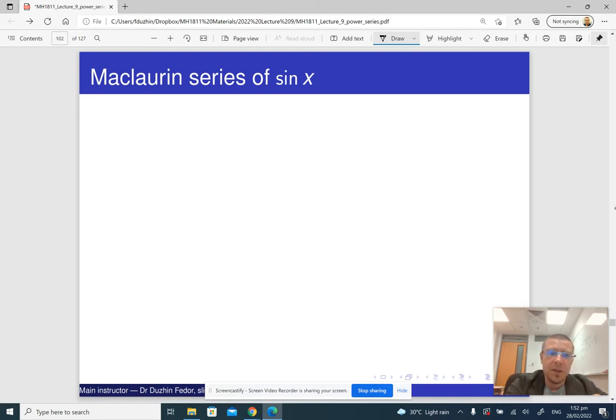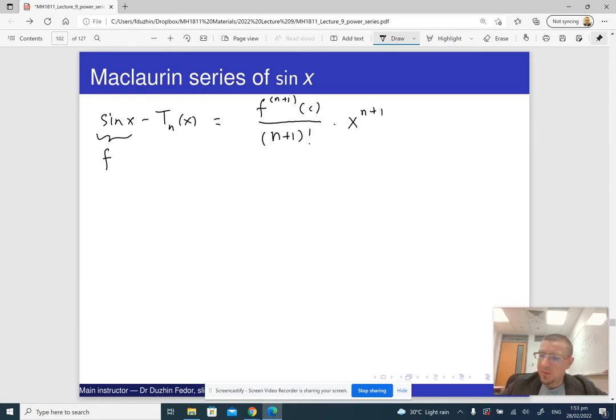So the remainder is sine x minus T_n of x. If sine x is f, the remainder is the derivative of sine x of order n plus 1, evaluated at some point c, where c is between 0 and x, divided by (n plus 1) factorial, times x raised to the power n plus 1.